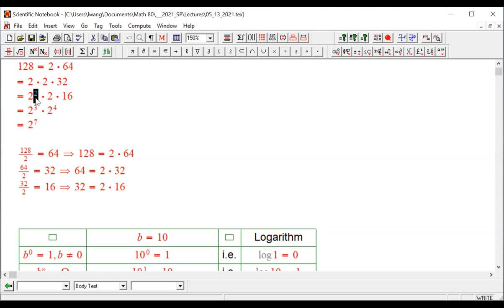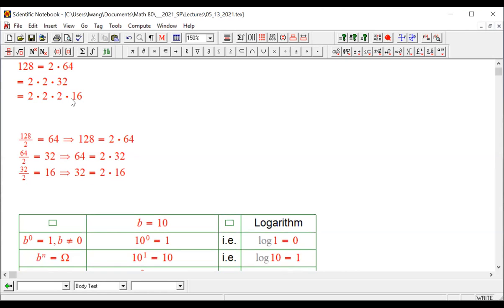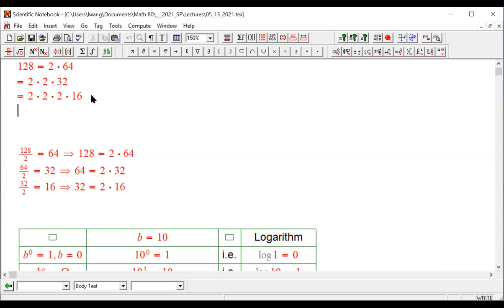Or if you don't want to do the power, you can just keep doing it with 2's, but we can do it this way. You guys are not answering my questions. Are you guys there? Okay. 64 is 2 times 32, and 32 is 2 times 16. So you keep doing that. You keep these 2's.